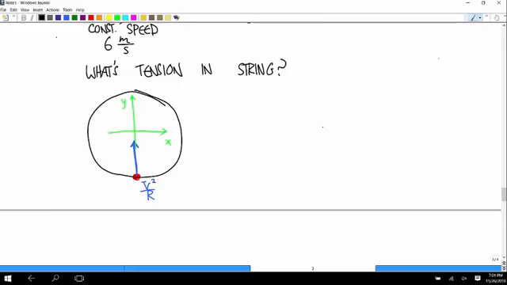Okay, so v squared over r is, speed is 6 meters per second, so 6 squared divided by 0.25. That's 36 times 4, 144 meters per second squared.